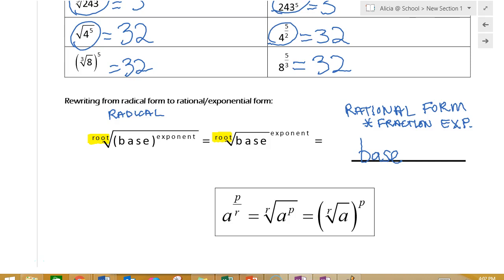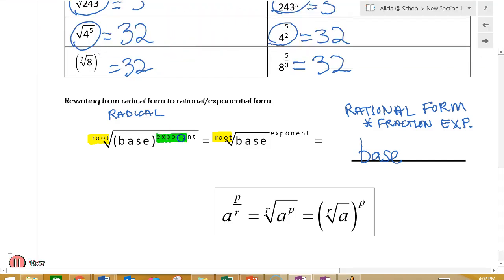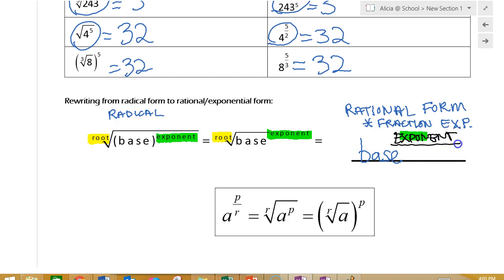So when we have our base, we're going to take that base and we're going to keep the same exponent, and that's going to be at the top of our fraction. So this is going to be my exponent. My denominator of the exponent is going to be my root number. I have highlighted in yellow.